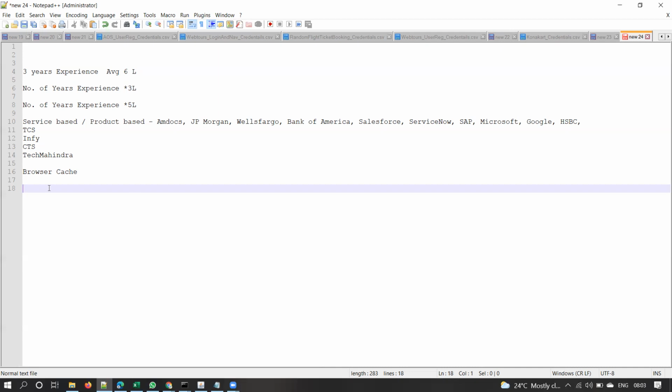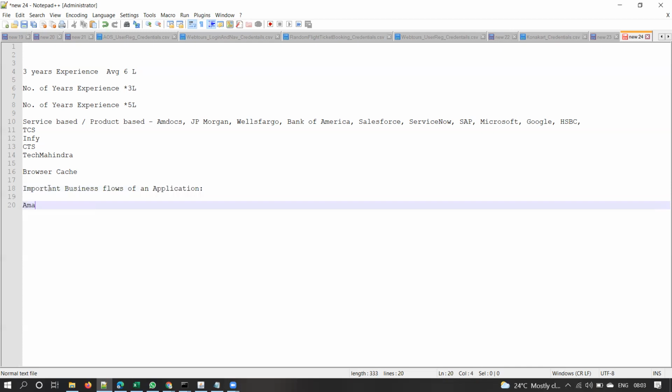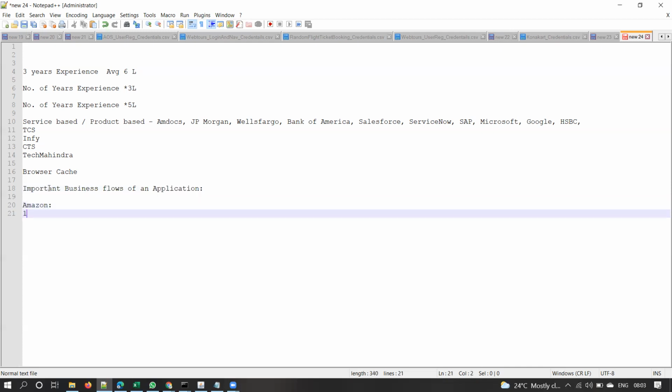So let us understand what are the critical or important business flows of an application. Let's take the Amazon example. Now, can you tell me what are the business flows of the application?